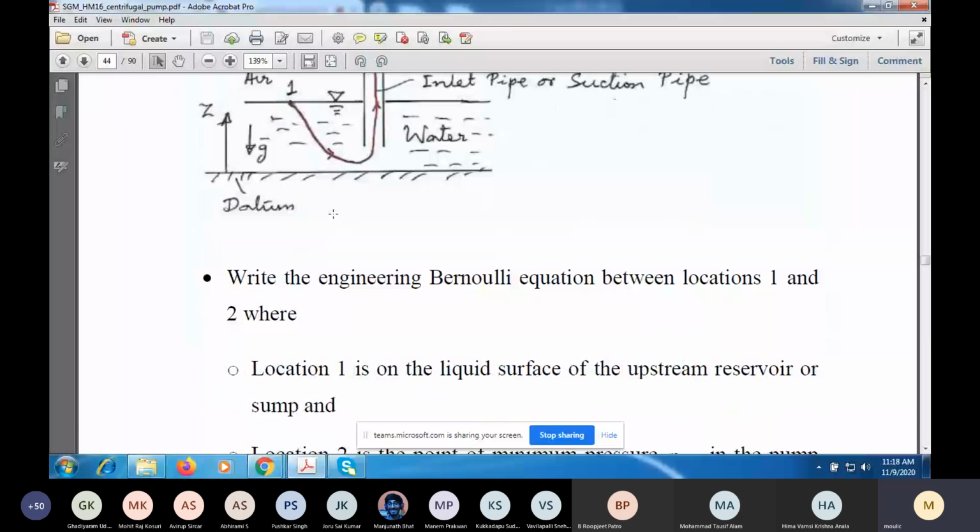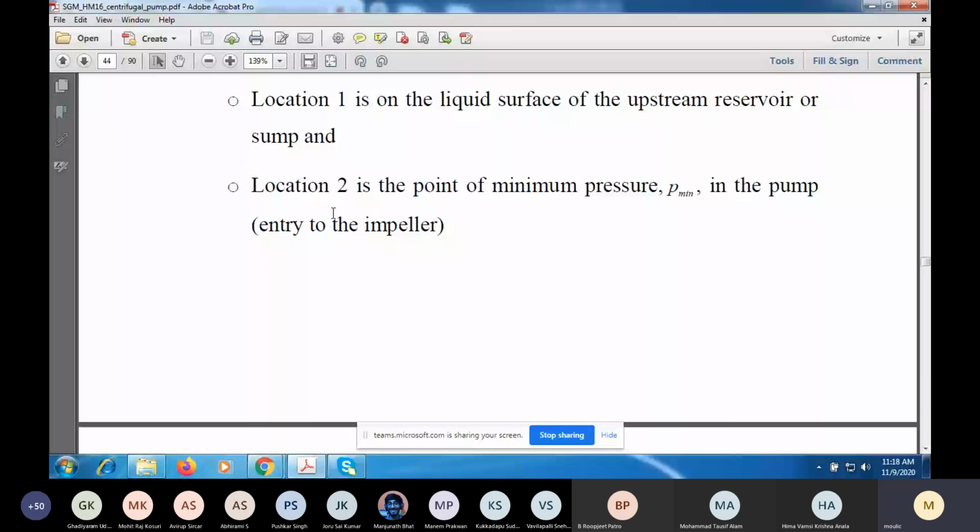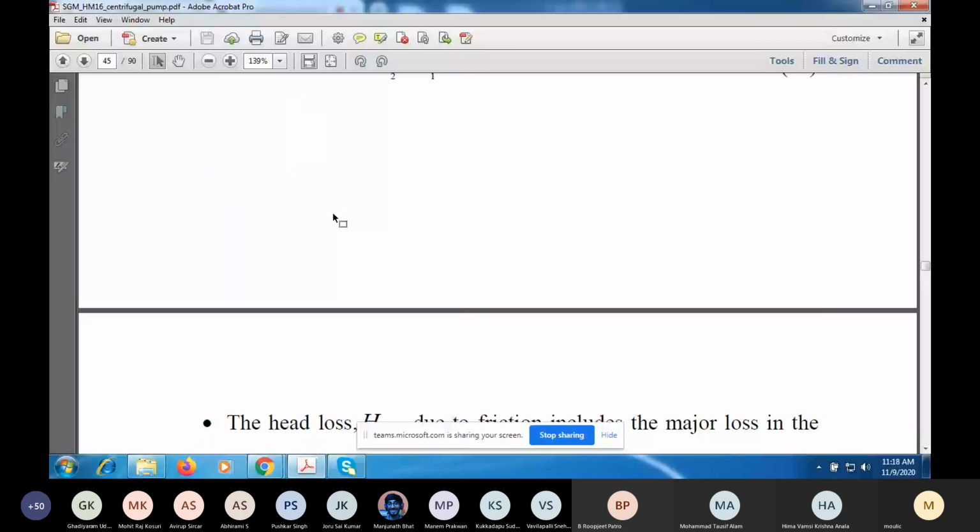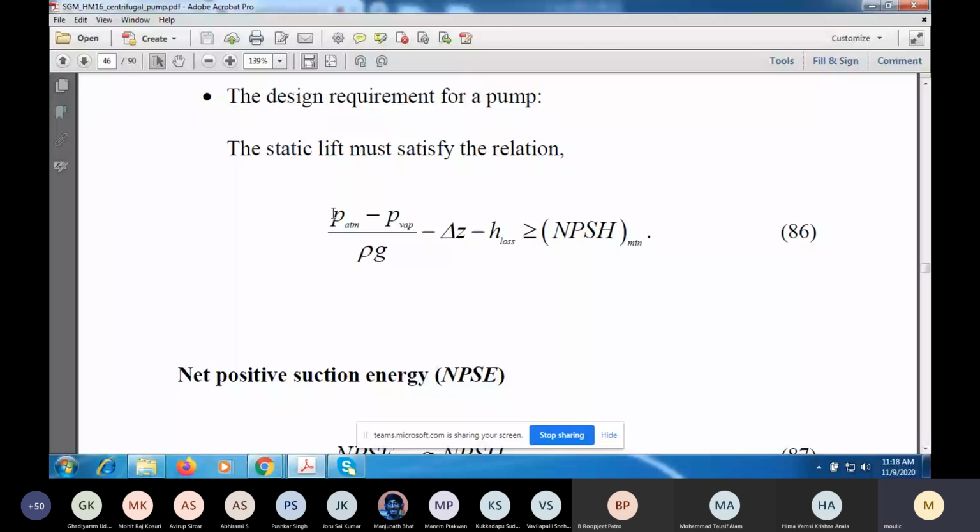You see that you have something like this. Net positive suction head is the atmospheric pressure minus the vapor pressure by rho g, minus delta z, minus the head loss. Now the head loss is always positive, so you're subtracting a positive number, so that will reduce the NPSH.